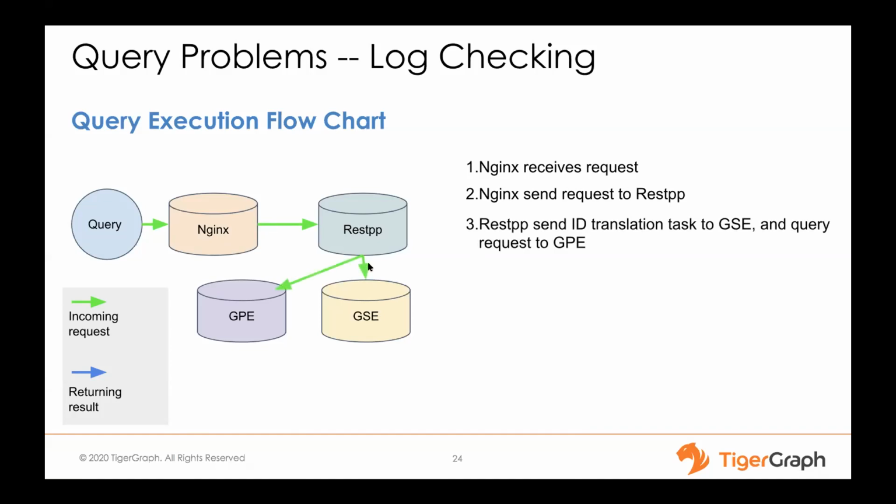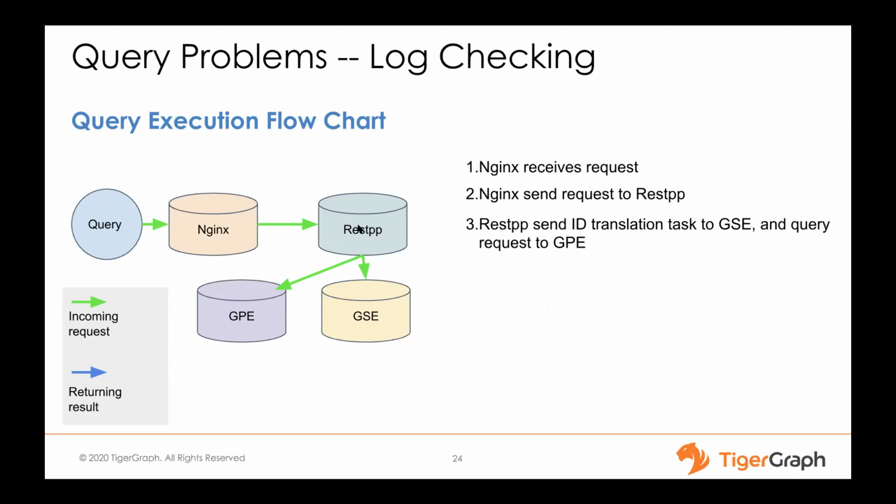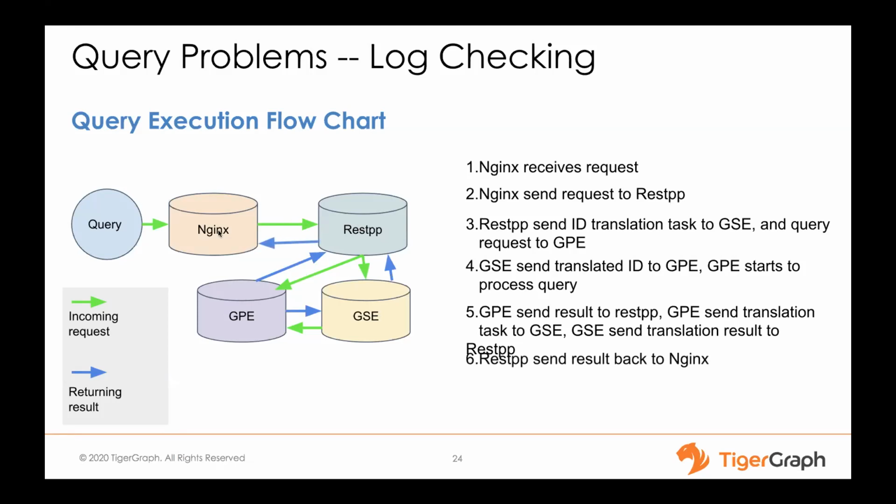It will send the request to GSE to translate the external ID to internal ID. Then the translated result will be sent to GPE, and the GPE will do all the MPP, massive parallel processing. After the calculation, it will send the result to GSE to translate from internal ID to external ID, and the response goes to REST-PP, and REST-PP will forward the result to Nginx, and Nginx sends it back to the user. So that's the execution flow of the query, okay?